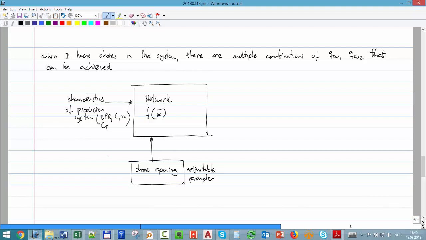And let's say I call this choke opening CO1 and CO2. If I say all of them fully open, 100%, then I will find here a rate of well 1 and a rate of well 2, right? If I say 80-100, I will find another equilibrium rate. If I change here to 20-20, I will find another equilibrium rate.